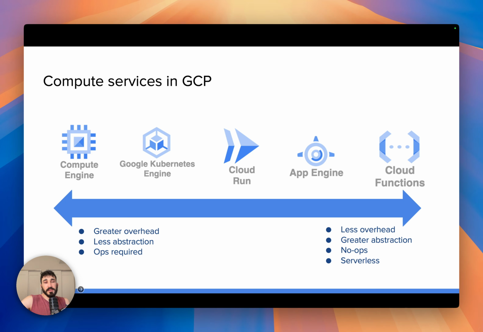They want as little overhead and management as possible, or they want to use serverless services, or they want to use fully managed services. If they say that, that means they're not going to be using Compute Engine or Kubernetes Engine. They're probably going to be using Cloud Run or App Engine, right? So you can look for this language in the questions, and you can kind of tell what the right answer is as a result.